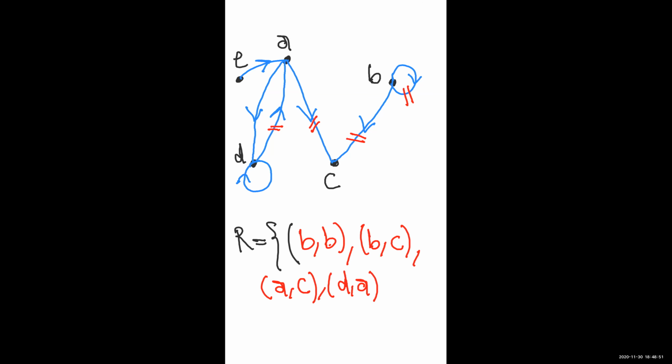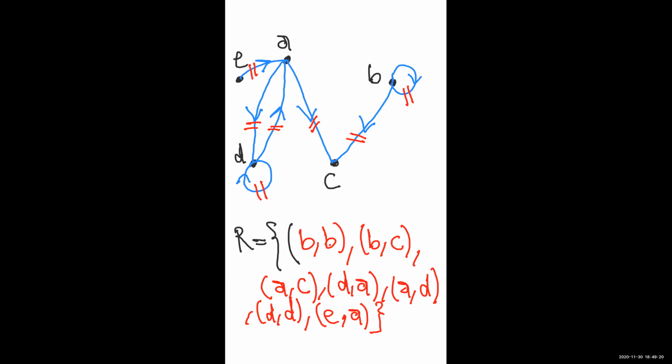The other one from A to D, so (A, D). Then there is one loop at D, so this means (D, D). Then finally from E to A, so the last one is (E, A). Are we clear? Yes, sir. So this will be the relation.